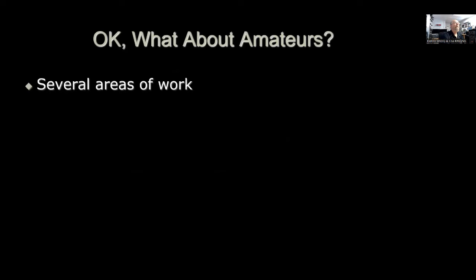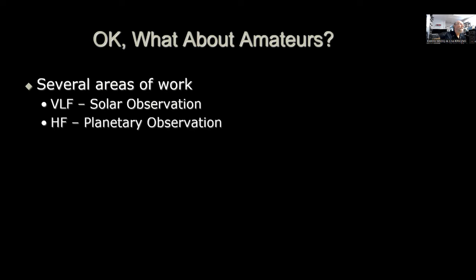There are several areas that amateurs observe. First of all, VLF, very low frequencies, solar observations. So what are we looking for in solar observations? Well, we're going to show you some examples of that, but primarily VLF is solar. We're going to talk about HF observations, and these are planetary observations, things within our solar system that you can look at with HF.